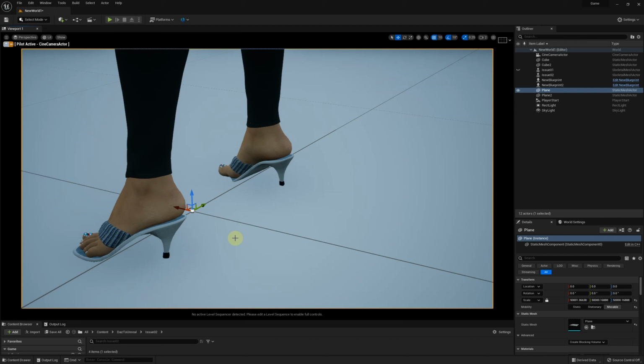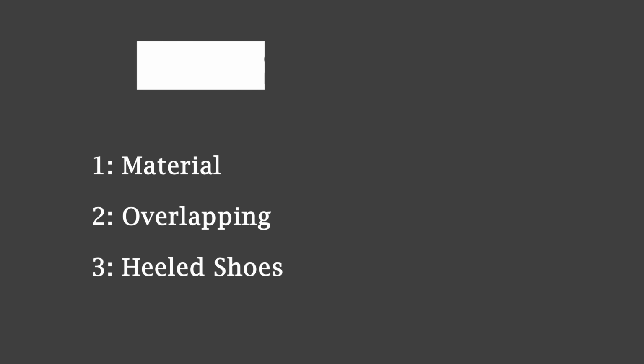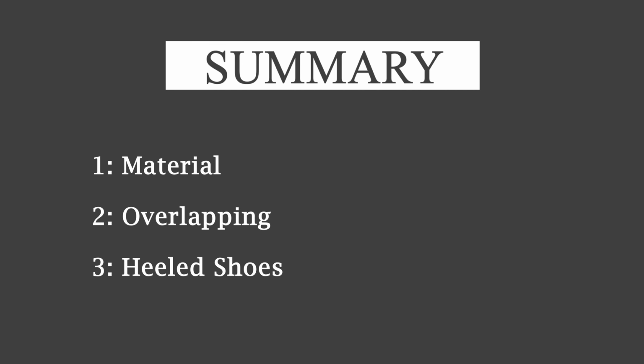If you want to use animation for the character, it is better to use animations made for characters with heels. Now let's make a simple summary. There are three types of common issues. The material issue is often found in hair and eyes, so dealing with the material will fix the problems.